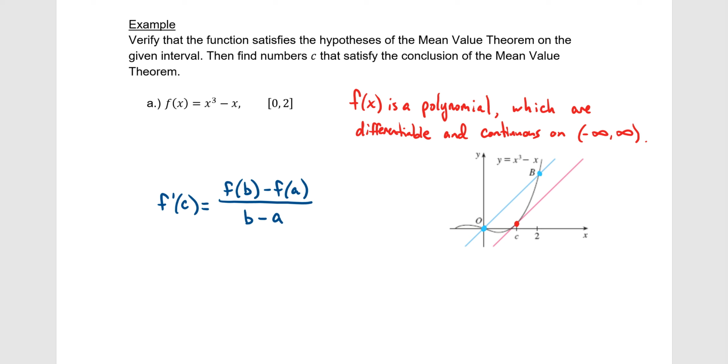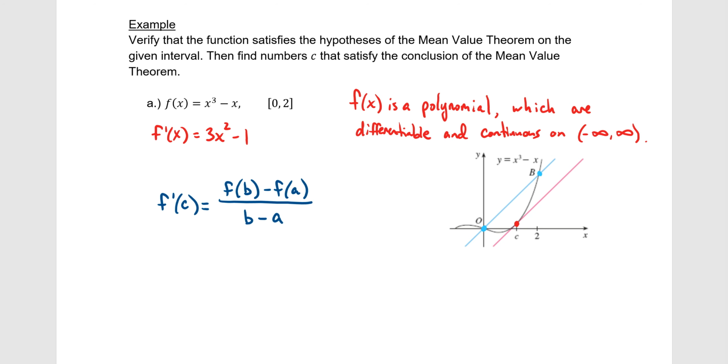Okay, so before we do anything, we need f prime of c, right? So what we actually have to do here is we need the derivative of the function. So we have to take the derivative, f prime of x. We get 3x squared minus 1. And now we have to use that for f prime of c.